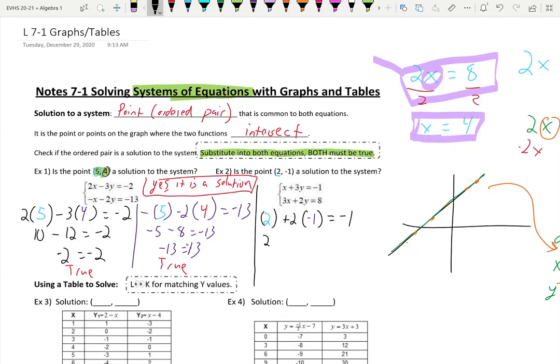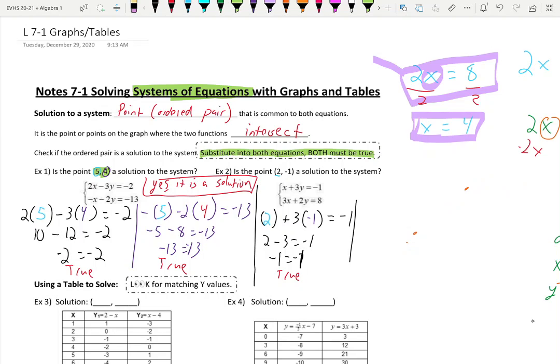And now 3 times -1 is -3. Why do I keep doing that? I did it again. I wrote a 2 when I meant to write a 3. That gives me -3 equals -1, which is -1 equals -1. Once again, that is true.